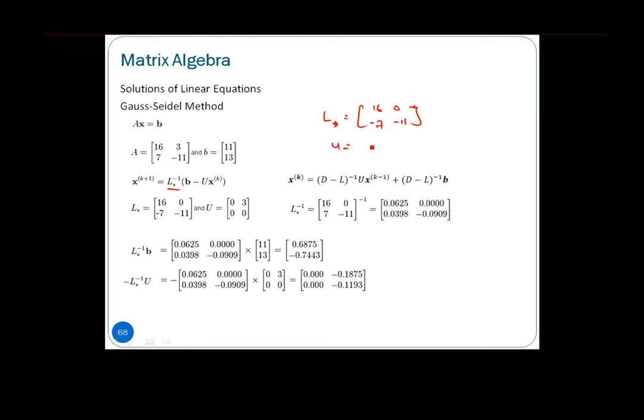Our upper, of course, from the top is 0, 0, 0, 3. Substitute into these matrix equations, and you can find this L inverse B, which is this part, and L minus L inverse U, which is this part.